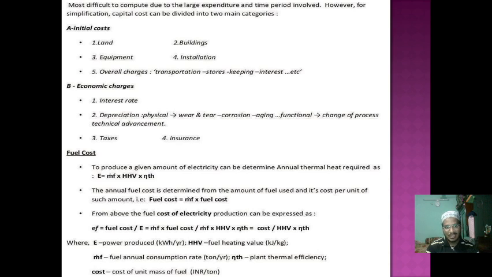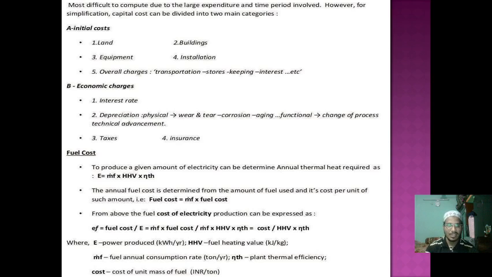The initial cost, the economic charge, and the fuel cost will be there. Initial cost for setting up the power plant: we should invest some amount. First of all we have to take the land, building, then equipment, and installation is a must.